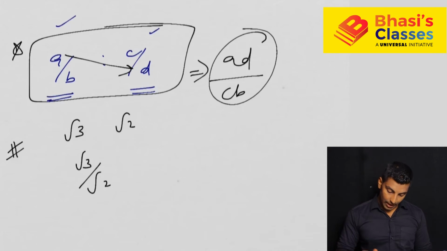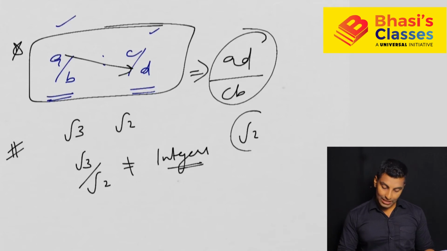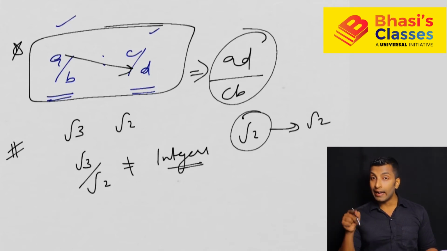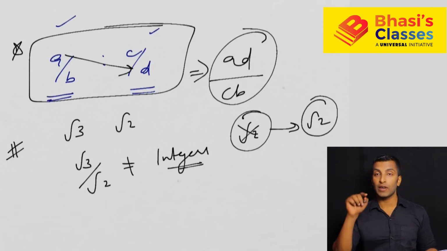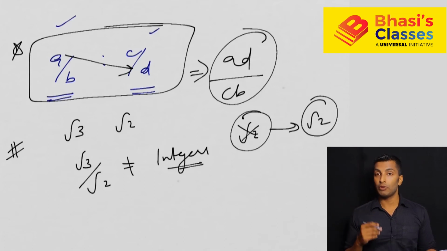It can never be expressed as integers. So the moment you see root 2 in your question, in your answer choice also you will have a root 2, unless there is a possibility of getting it cancelled. So you are looking for an answer choice where root 2 is there. Otherwise, there should be a possibility of getting this root 2 cancelled. Same is the case with root 3, pi, etc. So your answer choice should contain this one. Based on this property, you can eliminate many choices.